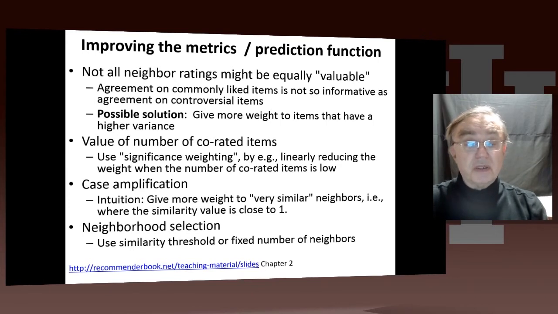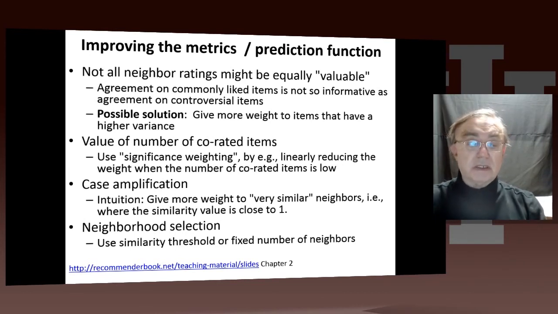A trivial thing to do is you could take that similarity and raise it to the fourth power. 0.9 to the fourth power is around 0.68 or something. If you take that formula and replace similarity by similarity to the fourth power, you're going to give higher weighting to those similarities near one.